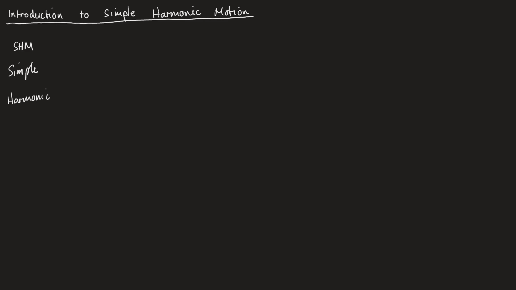Now, simple harmonic is kind of the two words that will always remind you what's happening here. The word simple in this case could be replaced with the word real in some instances. We use the word simple harmonic motion because we're neglecting forces like friction or basically any resistive forces, but for the most part it's just going to be friction.